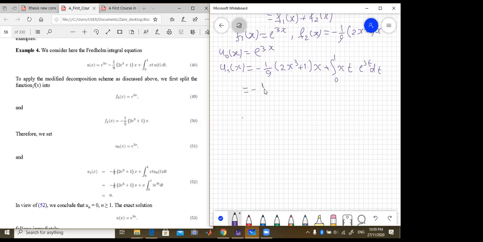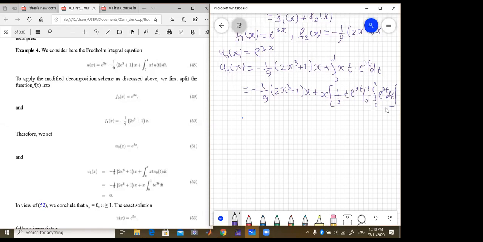So it is equal to minus 1/9 (2x³ + 1)x plus x outside. For this one we use integration by parts. u is t, dv is e^(3t) dt. So 1/3 t e^(3t) from 0 to 1 minus the integral from 0 to 1 of v du. du is dt, v is e^(3t).